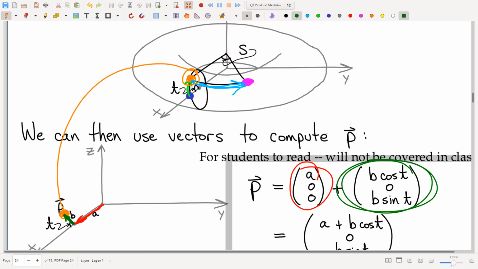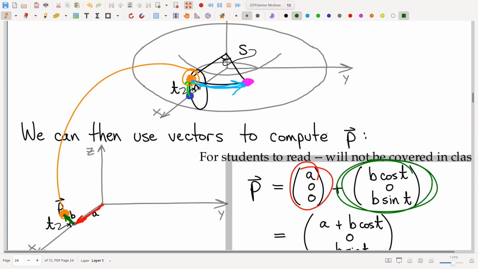Now I'm going to leave the geometry for you all to think through. This is a good exercise, you'll notice, for students to read. So think through the details here. But red plus dark green does give me that orange point, and these two vectors, the red and the dark green vectors, you can write down just with a little trig. Now make sure you can do that, right? So you do have to know trig.